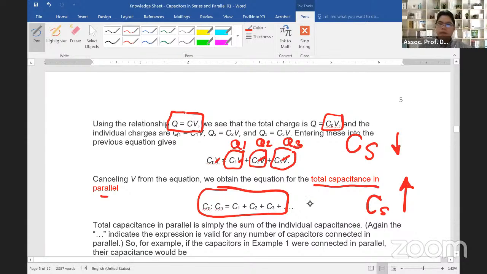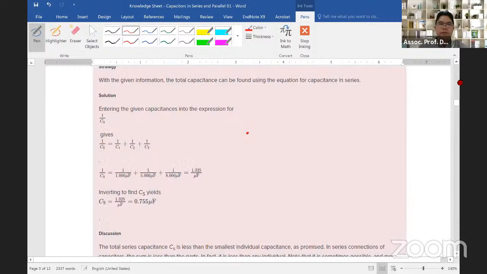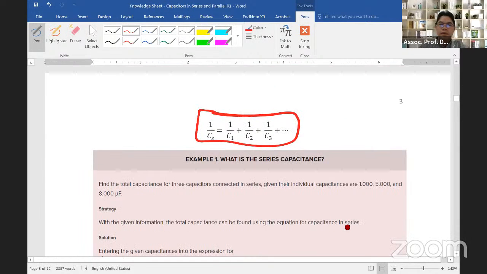Here is the example. Okay, we go to the example.